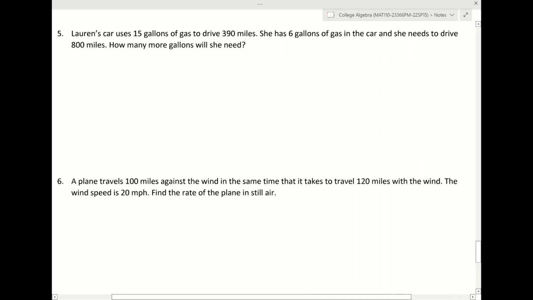So this is another example where we have to set up one ratio that says how far will she get on 15 gallons of gas, and then compare that with if she already has 6 gallons. So she already has 15 gallons, and that allows her to go 390 miles.